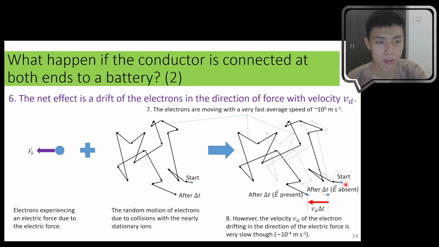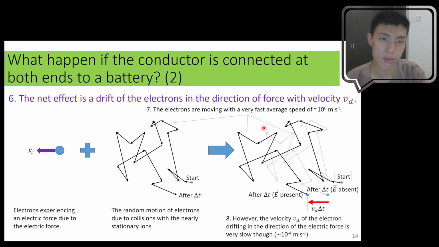So even though it starts and ends in similar places initially, due to that electric field, the electric force, and the acceleration, you can see that after all that bouncing around, there's actually some amount of drift in the direction of the force, or opposite the direction of the electric field. There's some drift after you let it whiz around for some time. The velocity v_d, which we call the drift velocity of the electron drifting in the direction of the electric force, is very slow.